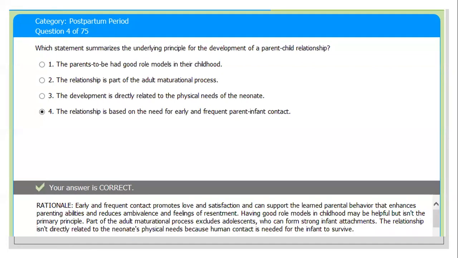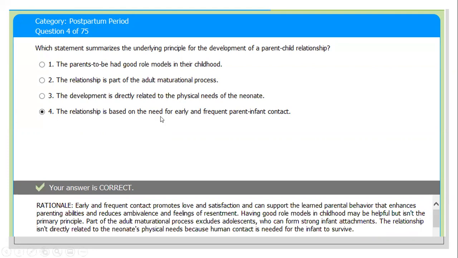So the correct answer is number four. All are important, but which one is first? The first is, as early as possible, bring the baby into skin-to-skin contact with the parents.